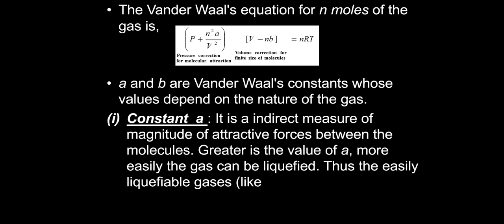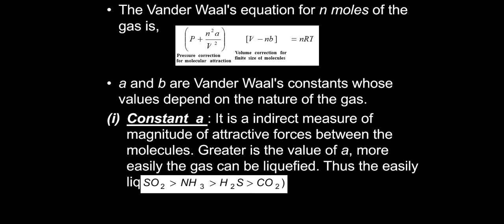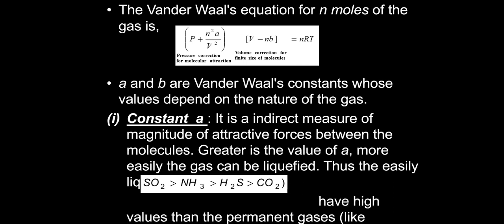Thus, easily liquefiable gases like sulfur dioxide, NH3, H2S, CO2 have high values of a than the permanent gases. Permanent gases, those gases which are not easy to liquefy like N2, O2, H2, He, are very difficult to liquefy. So these gases always have a lower value of a.